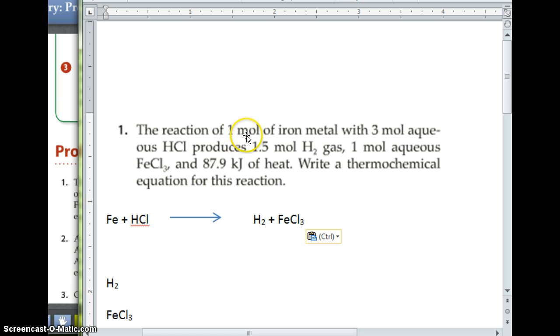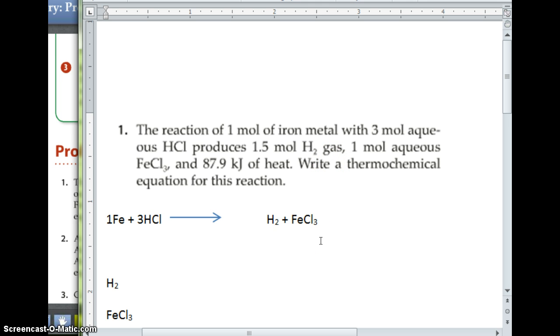We have 1 mole of iron metal, and 3 moles of aqueous HCl. How are we going to represent the fact that there's 3 times as much HCl as there is compared to the metal iron? We're going to put a 3 right there. You could put a 1 in front of the Fe, but you don't have to. So produces 1.5 moles of H2 gas.